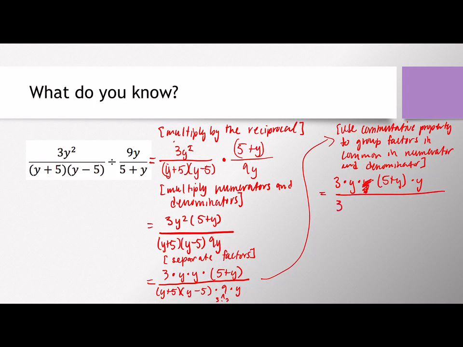Because I'll have a 3, and then I'll have a y, then a 5 plus y, and then I have my other 3 here and my y minus 5 still to do. Okay. So the ones that are in common here are 3 times y times 5 plus y. And notice that I had to break down the 9 into 3 times 3 as I was working through this.